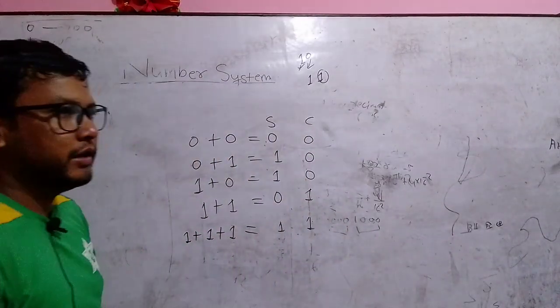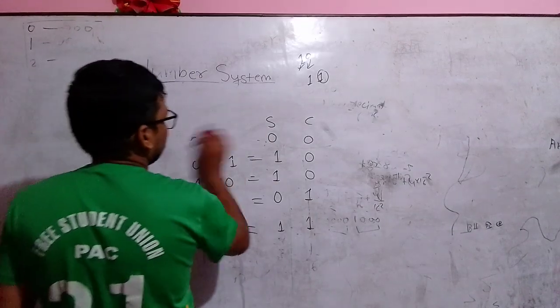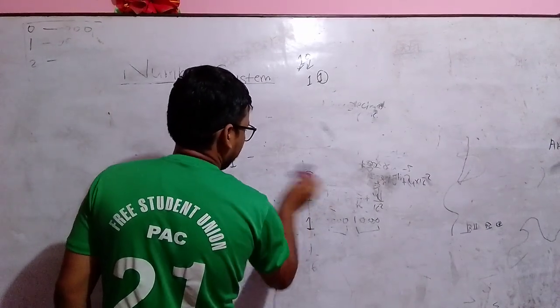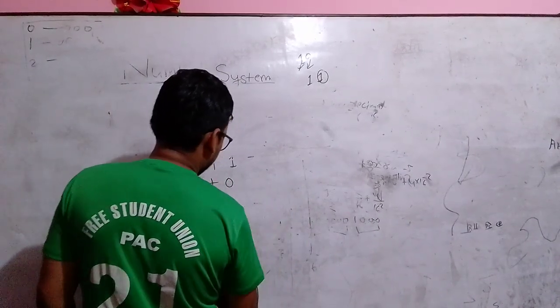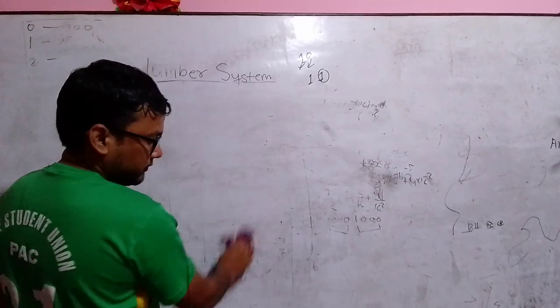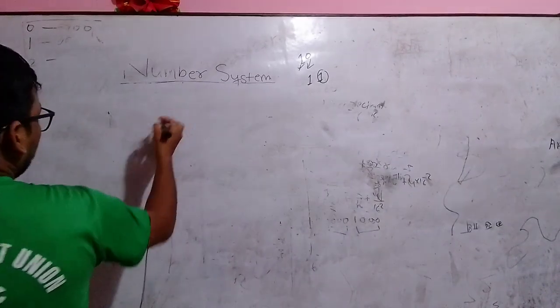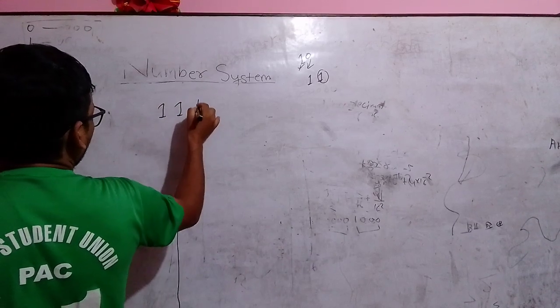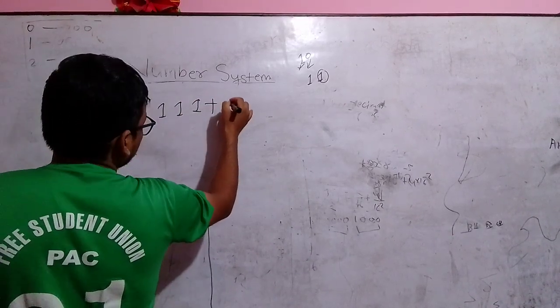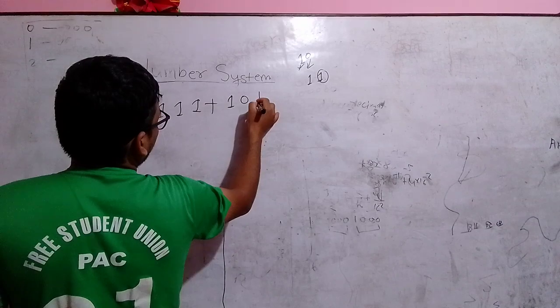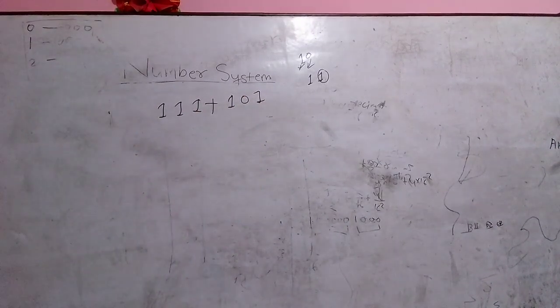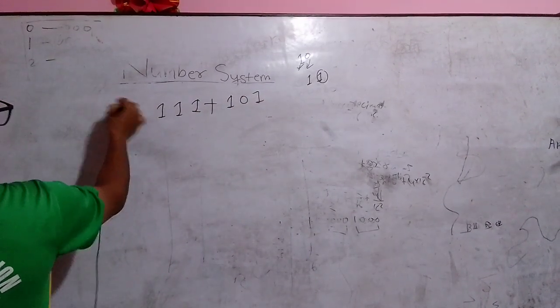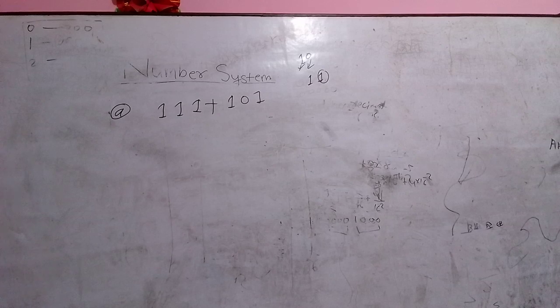We'll understand binary additions from an example. 1 1 1 plus 1 0 1. How to perform this binary addition? Now look here.